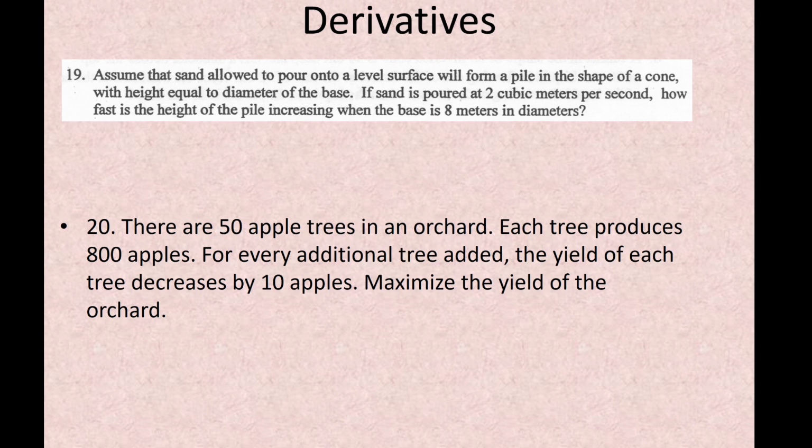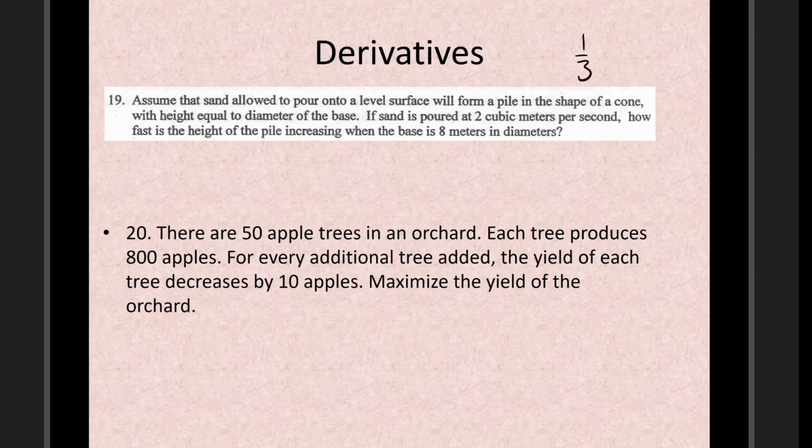Well, it tells you something about the height. So, if you reread the first sentence, particularly the part after the comma, you should be chilling. What is the volume of a cone? It's a third pi r squared h.